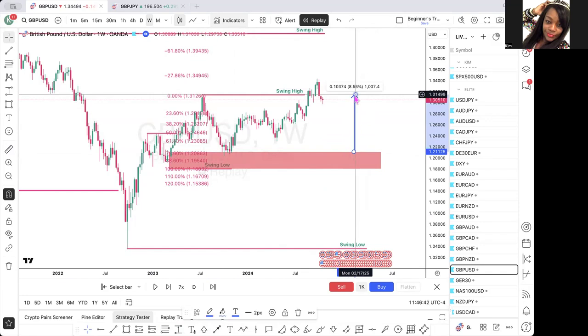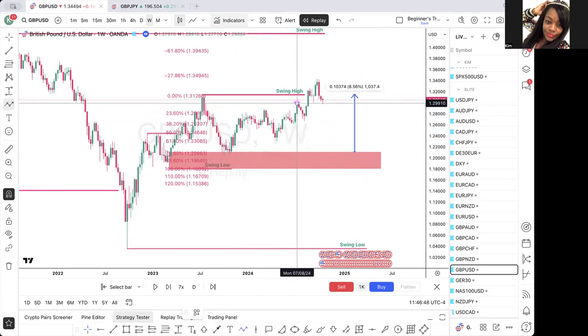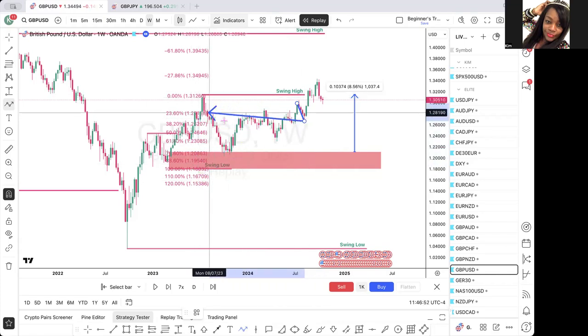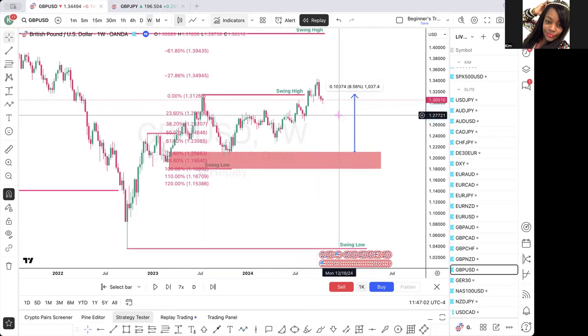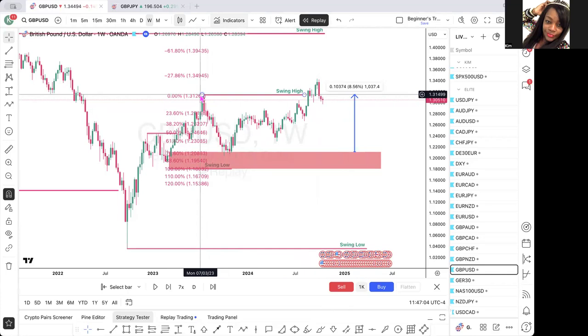But I'm not going to get out of my trade, because I am now looking at this internal structure. Once price broke this high, now this is another structural move. What I mean by that is, this was the high, this was the low.